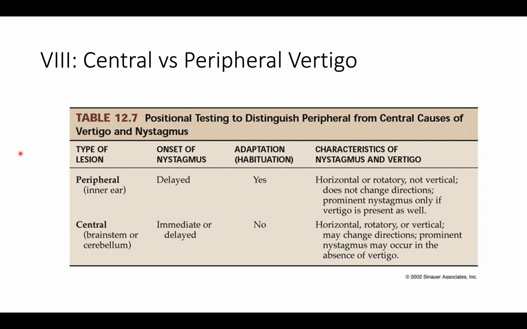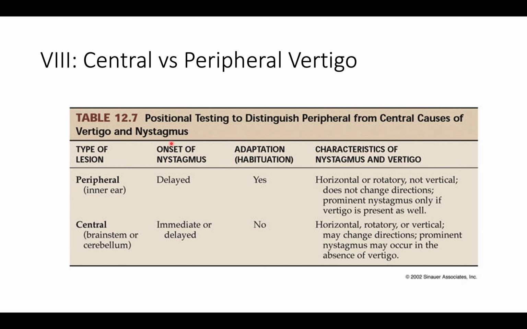The last thing we want to differentiate is central versus peripheral vertigo. In peripheral vertigo, it's usually in the inner ear, and in central vertigo it happens in the brainstem or cerebellum.